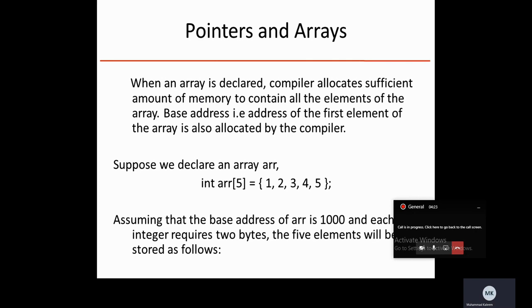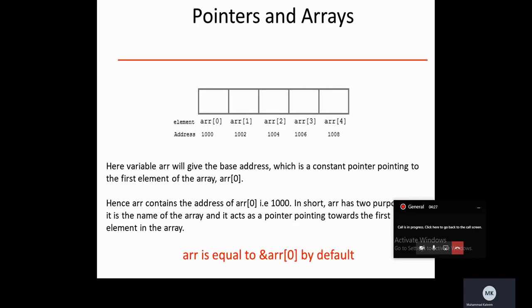So 5 elements will be stored as follows. Pictorially, we have element 1, which is ARR[0], element 2 ARR[1], and so on, having memory addresses 1000, 1002, and so on.